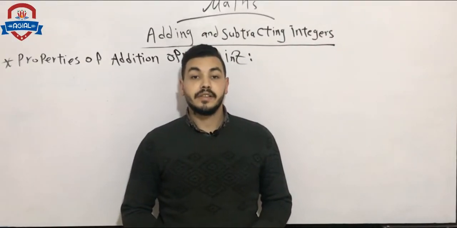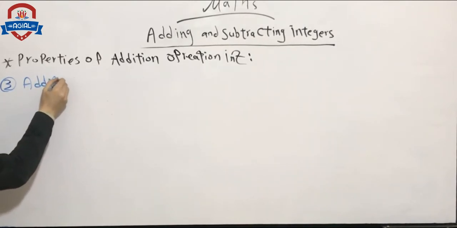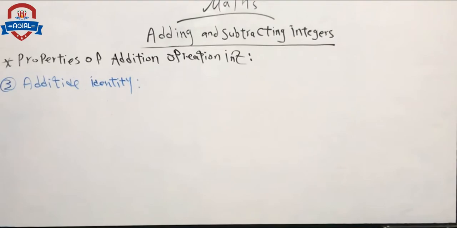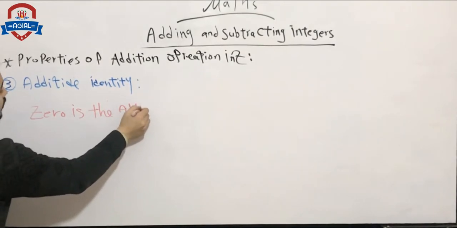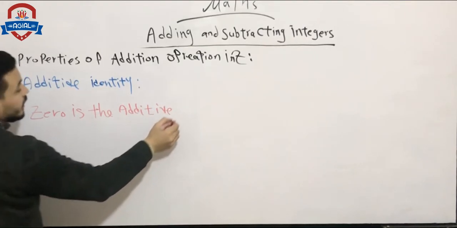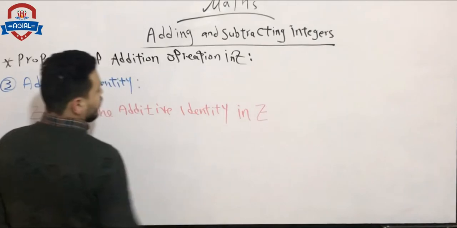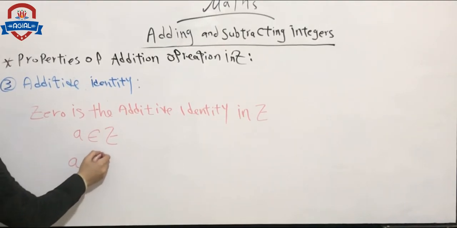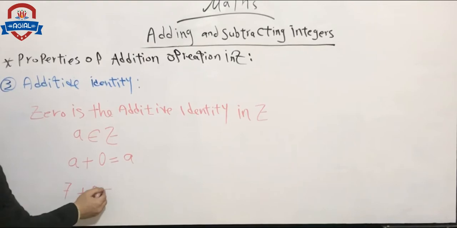Number 3, additive identity. Zero is the additive identity in Z. If we have A belonging to Z, A plus 0 equals A. So if we have any integer number, for example 7 plus 0, 0 plus 7 equals 7.